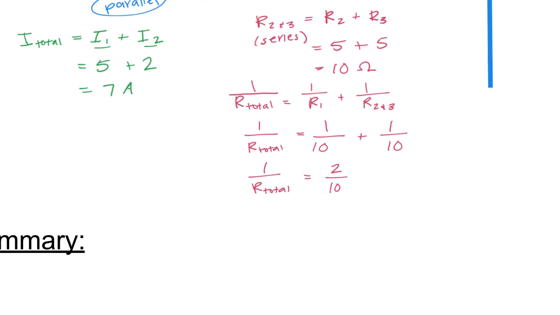If we want the total resistance, we are going to have to flip these two fractions. So all we're going to do now is flip that fraction. So our total is on the top. Now we've got 10 over 2.